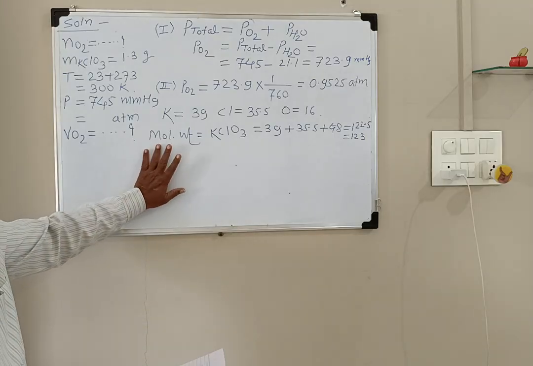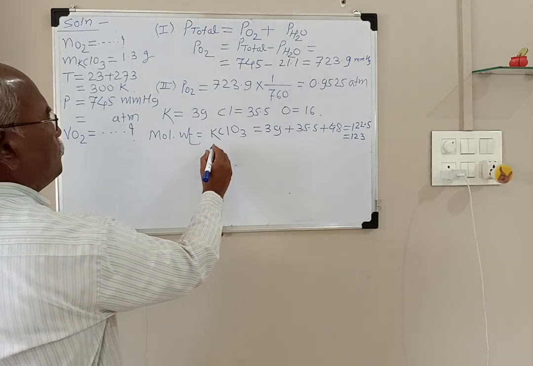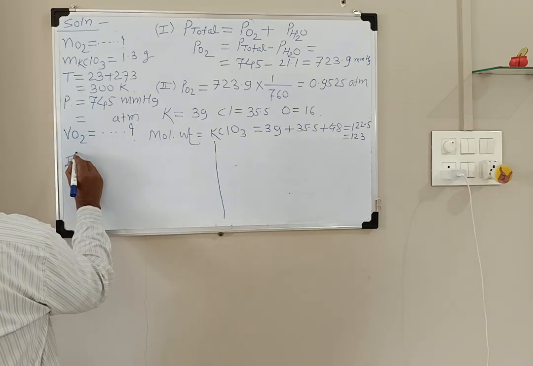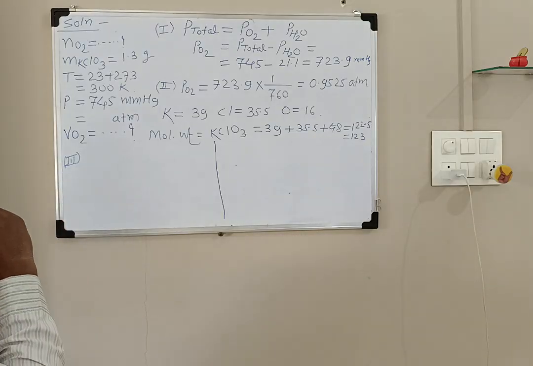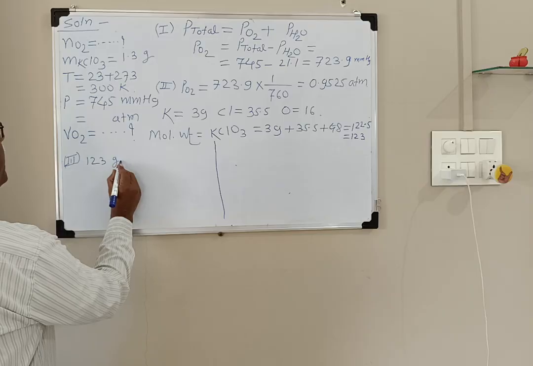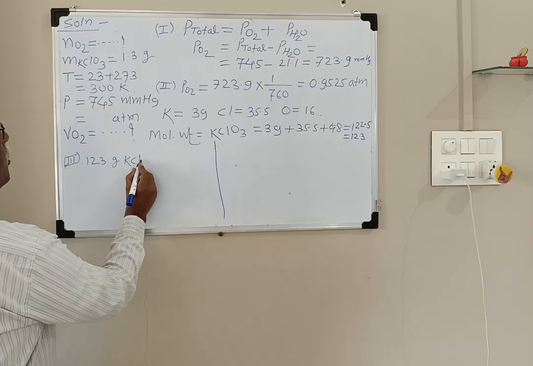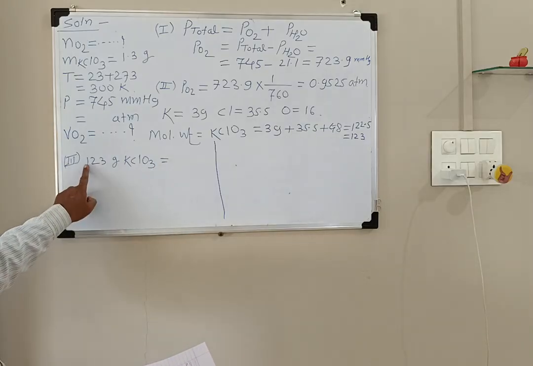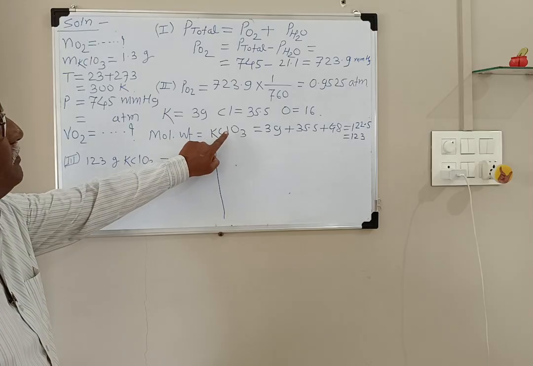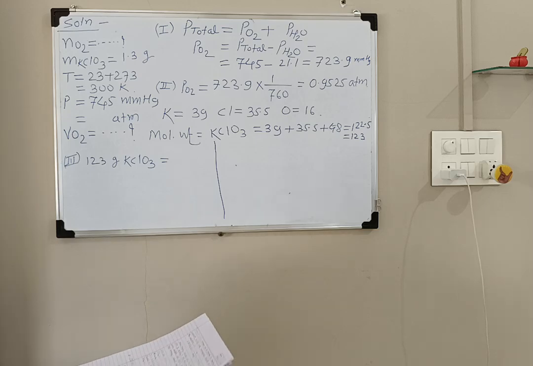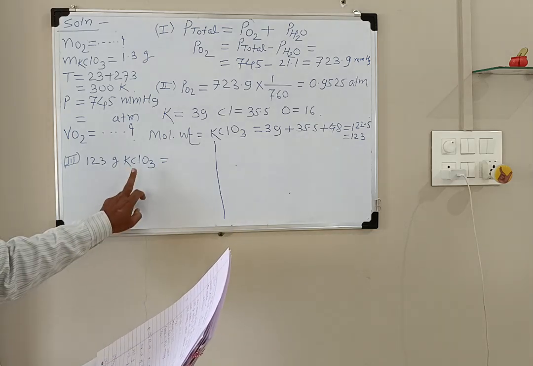Now I am going to write one relation and make two parts. I am going to explain the third step. 123 grams of KClO3, that means the molecular weight of KClO3, contains how many grams of oxygen?